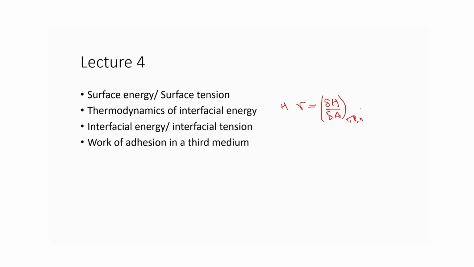Plus temperature into change in surface energy per unit change in temperature, delta gamma by delta T, which is here at constant A, P, N.